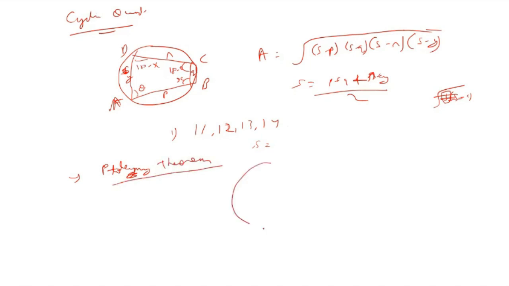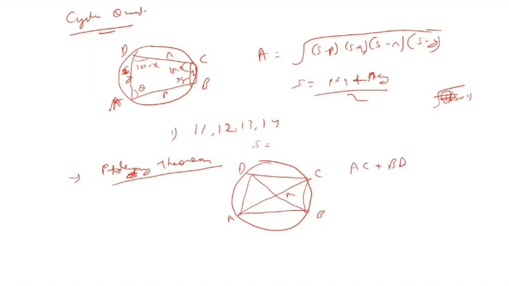Ptolemy's theorem is for a cyclic quadrilateral and it relates to the diagonals. Again, it may look like a rhombus or something, but it's not, it's just a general quadrilateral. Ptolemy's theorem says that the product of the diagonals AC into BD will be equal to the sum of products of opposite sides.